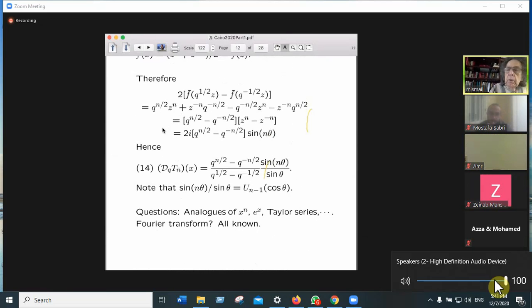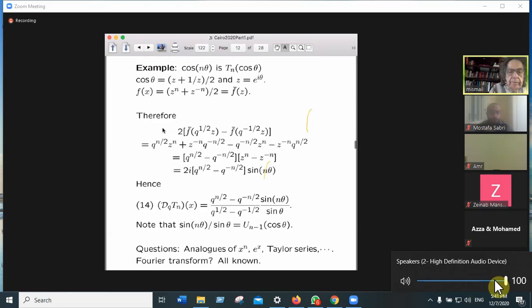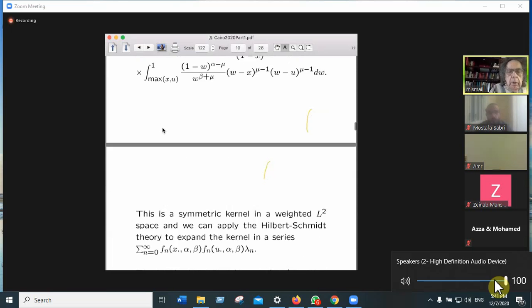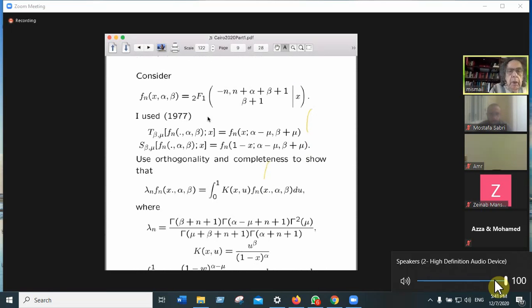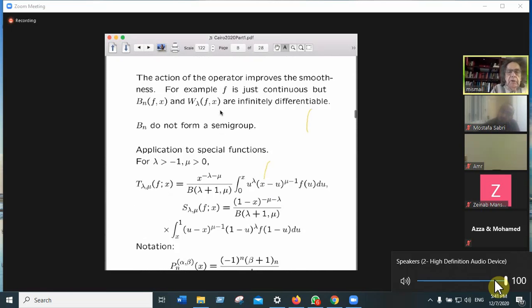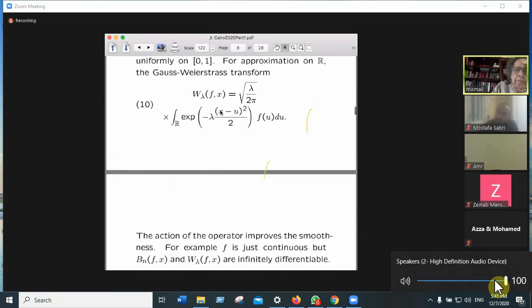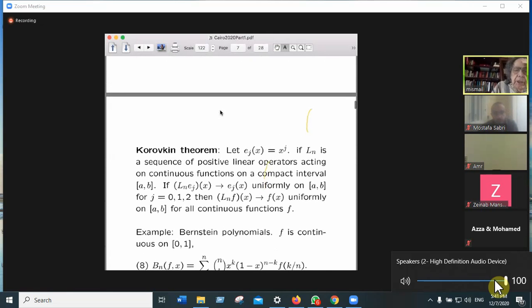So what I will do the next time is I will go back to all these questions, which is to try to define fractional integrals. So I want to have a semigroup, and from the semigroup I want to be able to have this property.